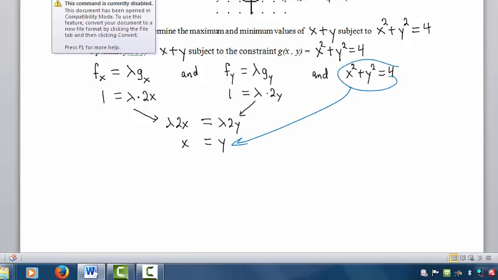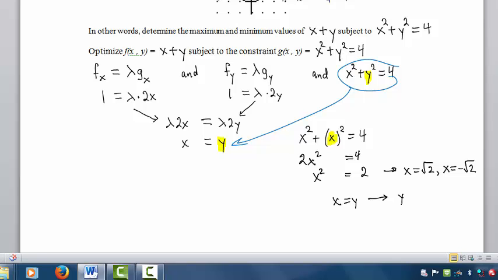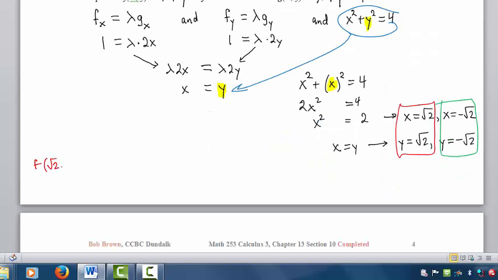Bring in x squared plus y squared equals 4, and the fact that x equals y, we get... and since x equals y, f, which is the sum of the coordinates, evaluated at square root of 2, square root of 2, this is the max sum of the coordinates on the circle.